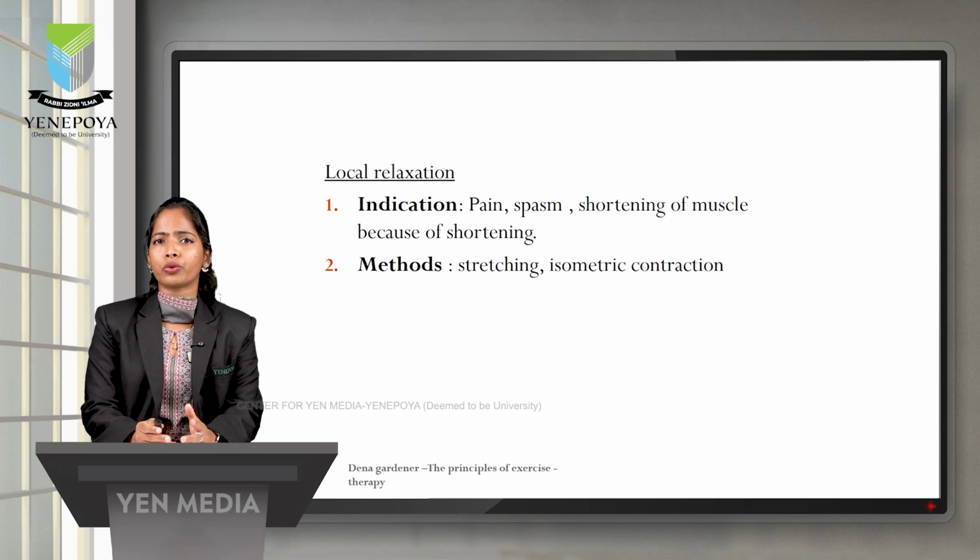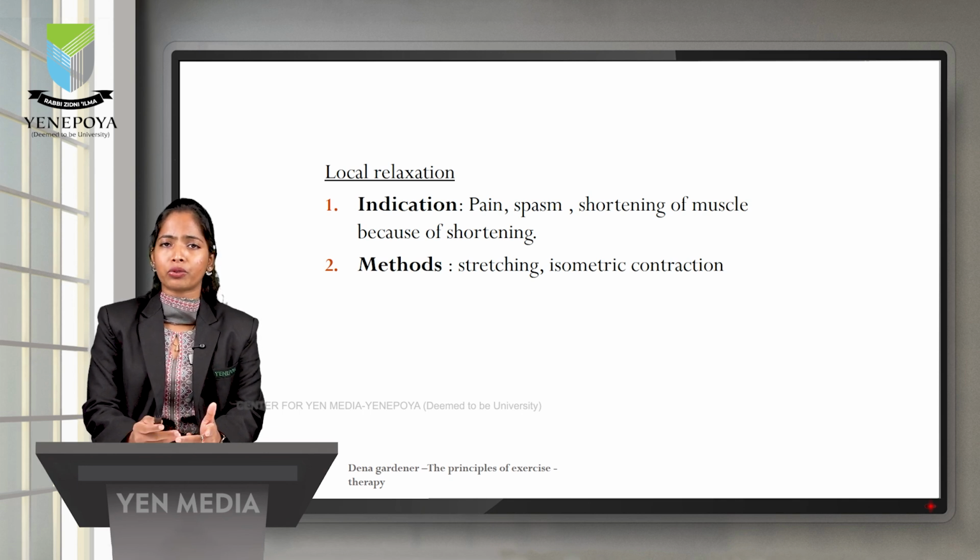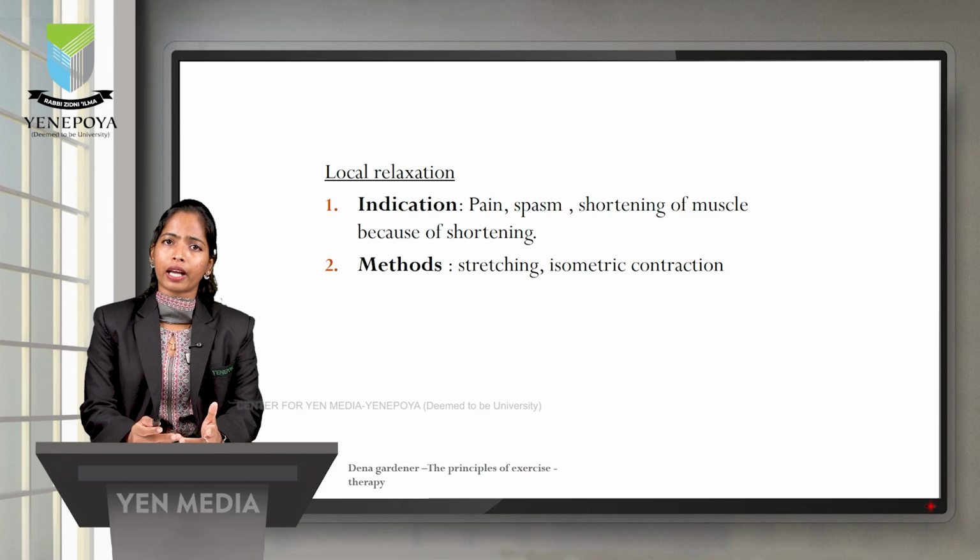The methods used for local relaxation are manual stretching and isometric contraction. Whatever requirements I have already discussed for general relaxation play a major role in local relaxation also. You need to see that the patient has proper support, comfort as well as a restful atmosphere, even though you are concentrating on local relaxation.